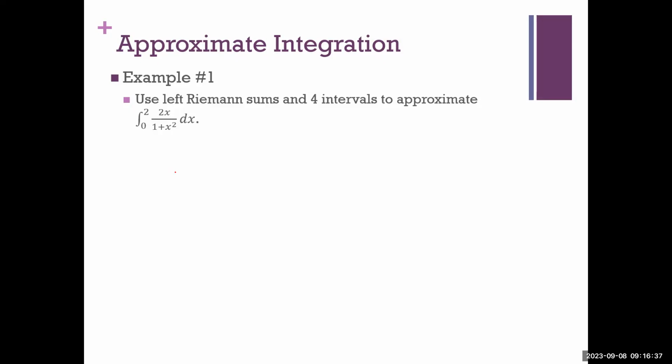So after I divide this thing up into subintervals, I'm going to take the left endpoint of each interval to represent my y value for the entire subinterval. So any questions on the motivation so far?